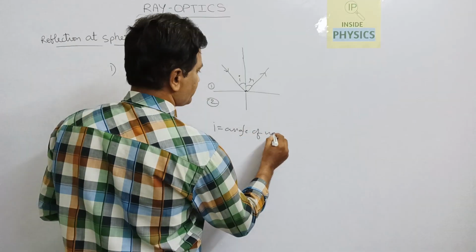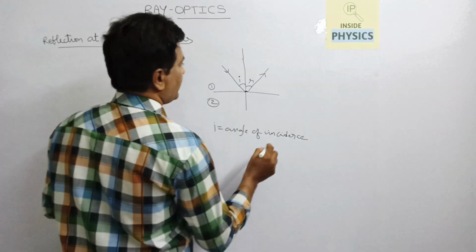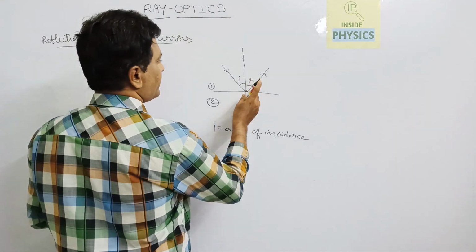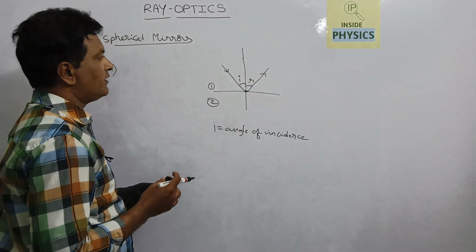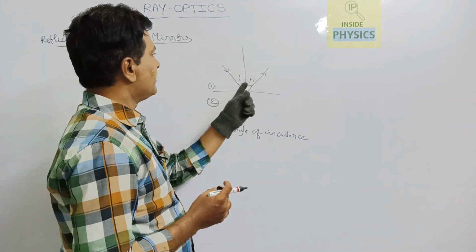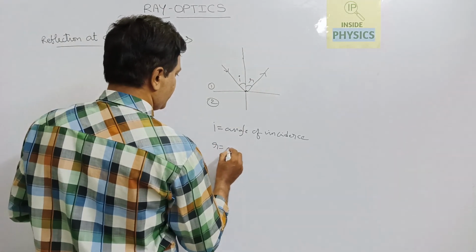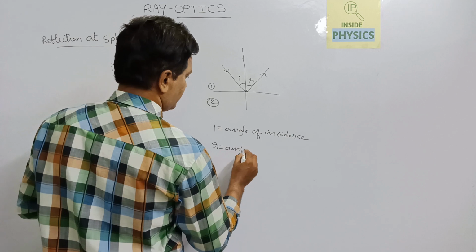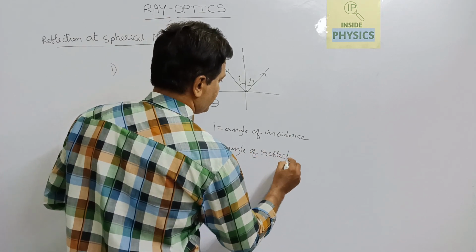In the same way, the angle made by the reflected ray with the normal is called the angle of reflection.